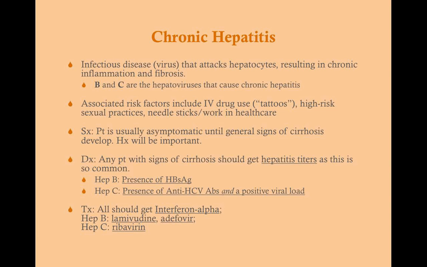Hep C is diagnosed by the presence of anti-Hep C antibodies and a positive viral load. For treatment for chronic hepatitis, everybody should get interferon alpha. And for hepatitis B, we'll give them lamivudine or adefovir in addition. And for hepatitis C, we'll give them ribavirin in addition.